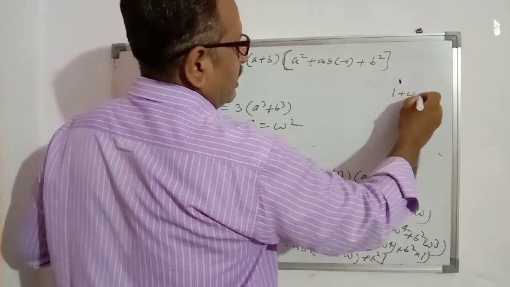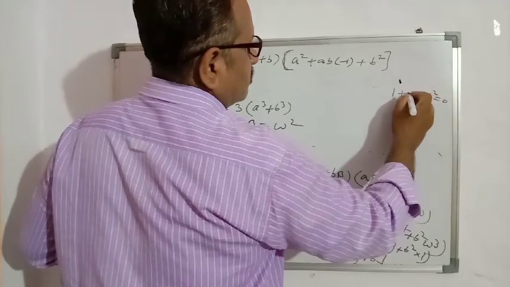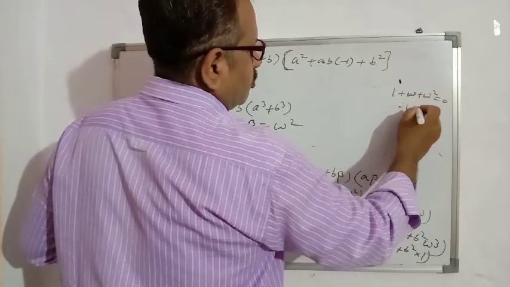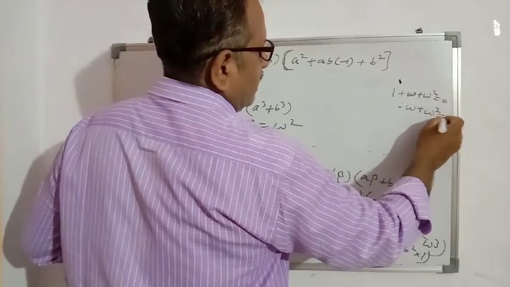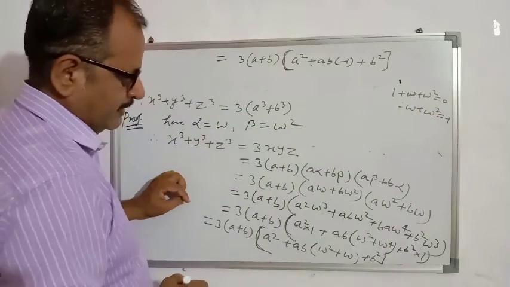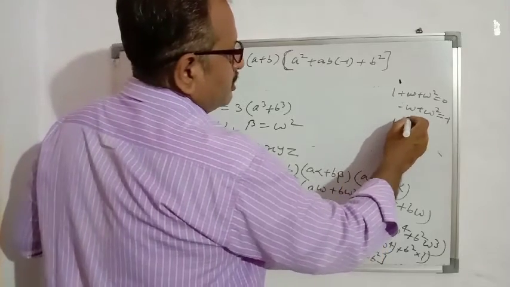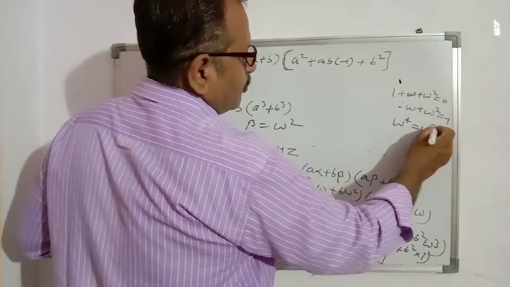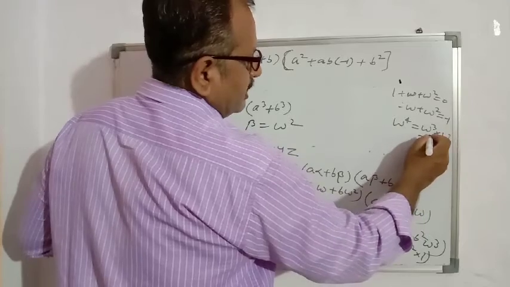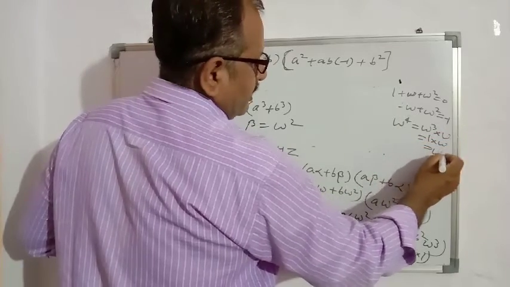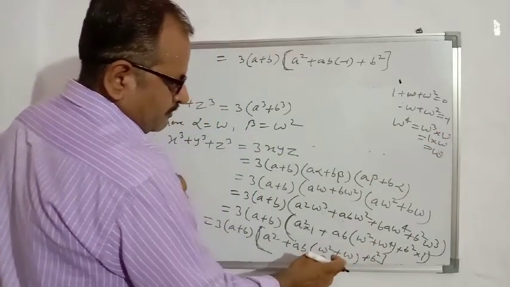What is omega to the power 4? It is omega. Since 1 plus omega plus omega square is 0, therefore omega plus omega square is minus 1. Omega to the power 4 is omega. How? Omega to the power 4 means omega cube into omega, omega cube is 1, so 1 into omega is omega.